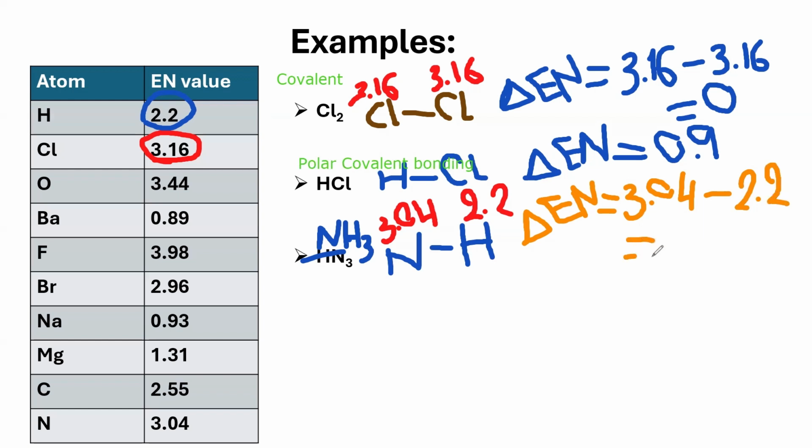The value will be 0.74, or 0.8. So this is also between 0.5 and 1.7. So it will be a polar covalent bond too. Let's have another example, such as NaCl.